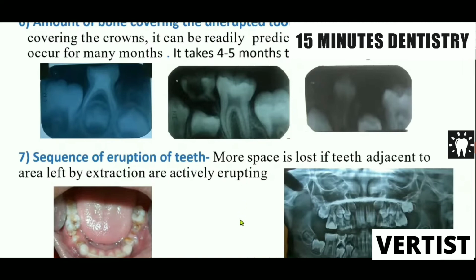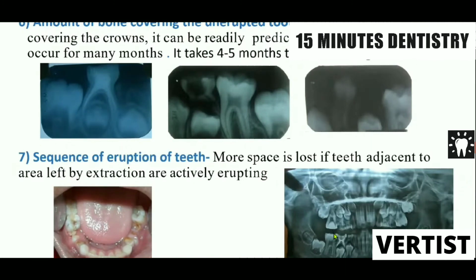Then sequence of eruption of teeth. For example, if I'll give you an example. If here in this OPG, the second primary molar needs extraction, and if we see the second permanent molar is erupting here, if it is ahead of the second premolar, then after extraction of this tooth, the second molar will surely press the first molar mesially, and that will lead to faster space loss.